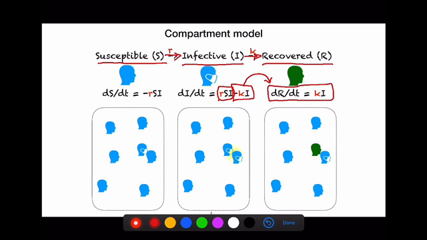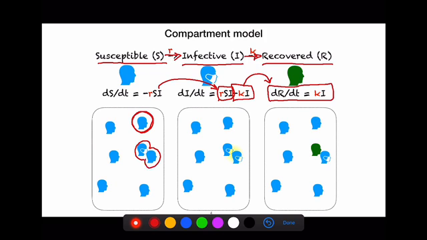This is because we are making an argument based on the probability. Any susceptible component will acquire the virus only when it is in contact with the infected, just like this.